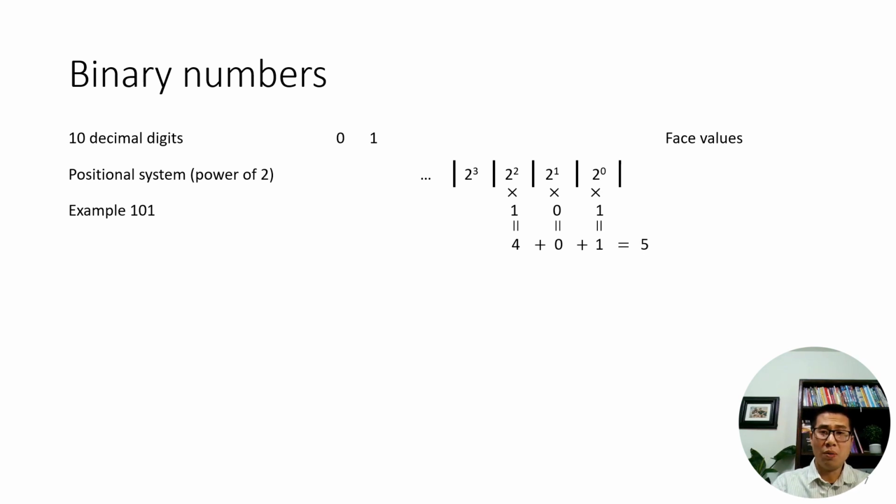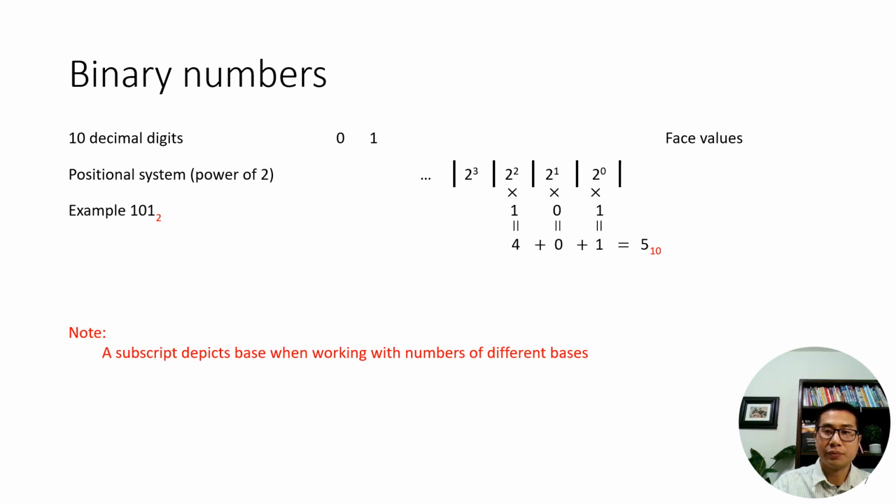Then this 101 in binary is actually 5 in decimal. And we may start feeling confused, like if you see 101, does it mean one hundred and one or does it mean a binary string? So normally if we work with different number systems, in some cases we'll just add the bases like this. The base number 2 over here means it's a binary number, and the base number 10 over here means it's a decimal number.